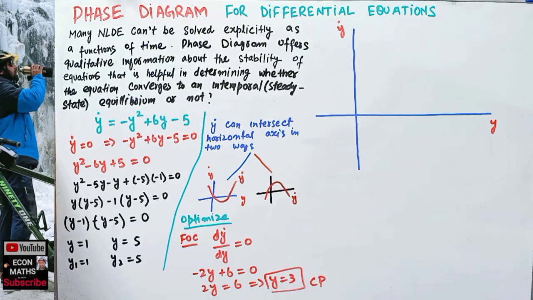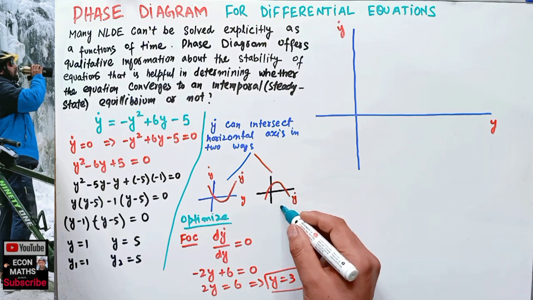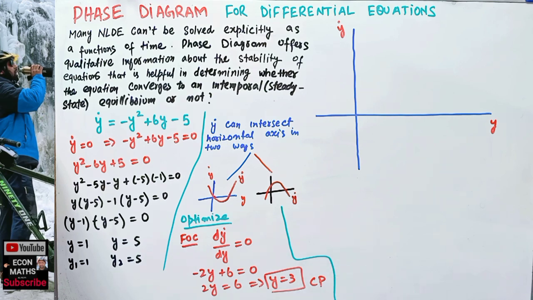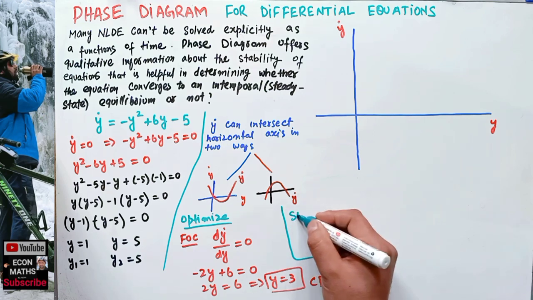Now, the first order condition does not tell us anything about minimum or maximum. To find whether we have a minimum or maximum, we need to check the second order condition.